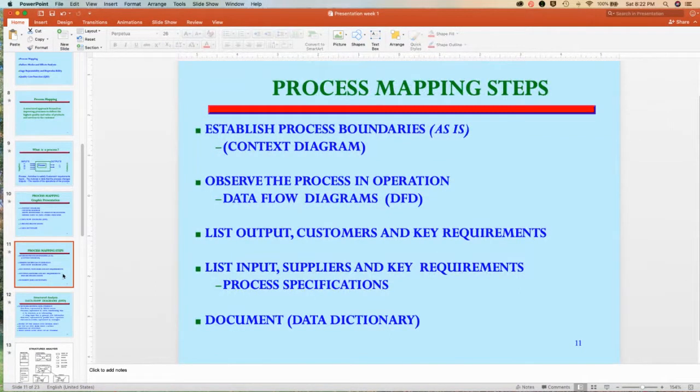Okay, so the idea here is you describe a process, what they call as is. This is the way the process is run. Then you observe it and you make a data flow diagram output of it. And then you can begin to see if there are redundancies in the process or gaps in the process.